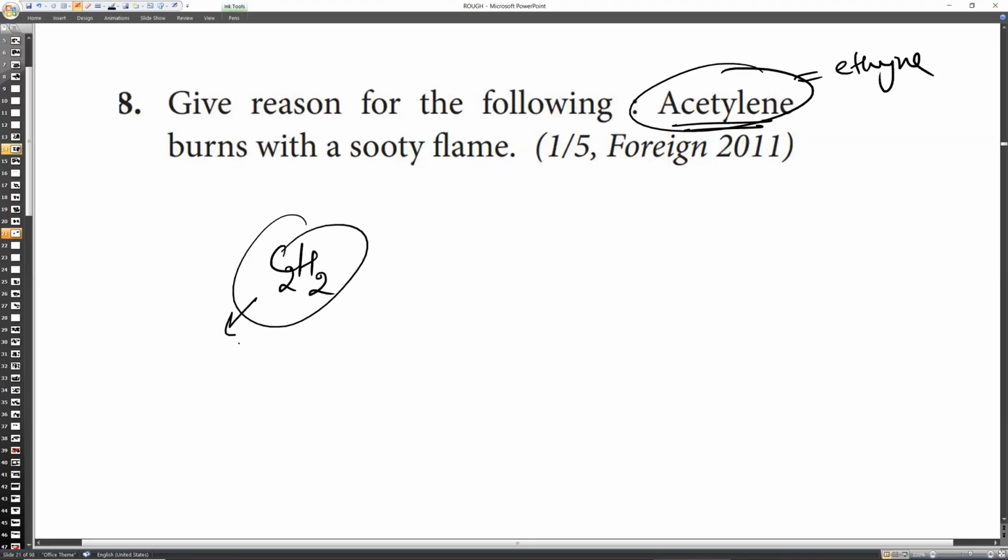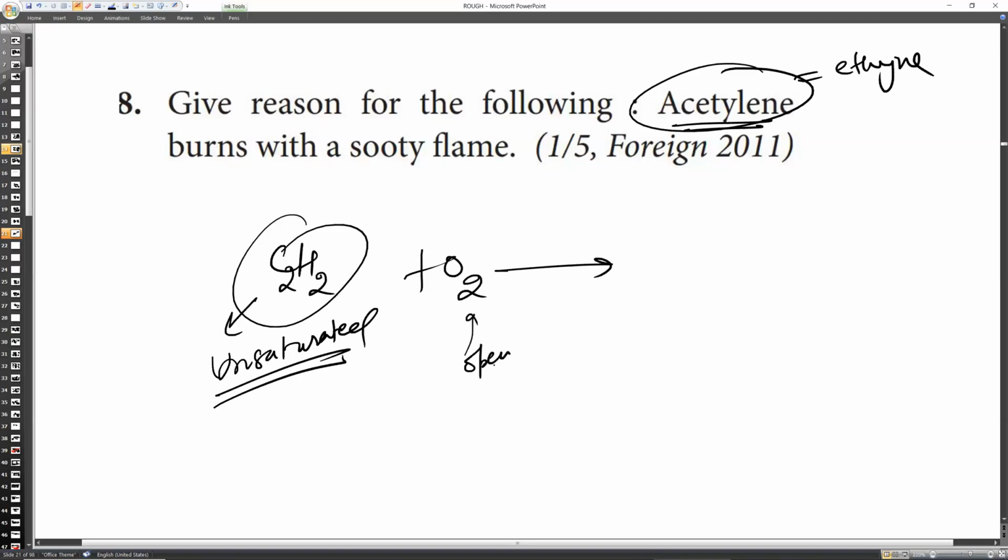You know that it is an unsaturated hydrocarbon. So when it burns in open air, it will burn with sooty flame, because it is an unsaturated hydrocarbon, and open air cannot supply a sufficient amount of oxygen to make it burn completely.